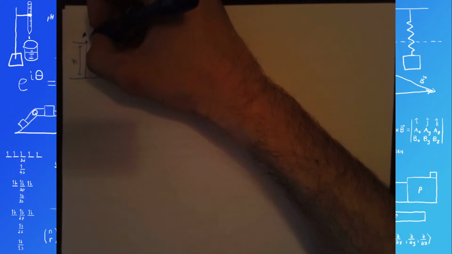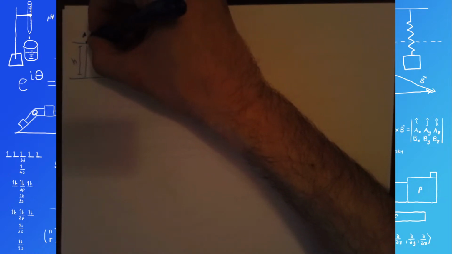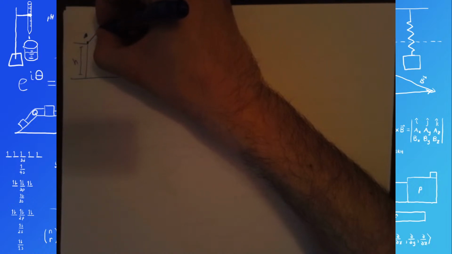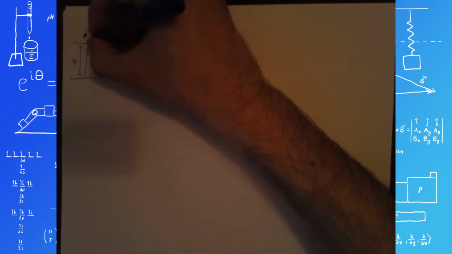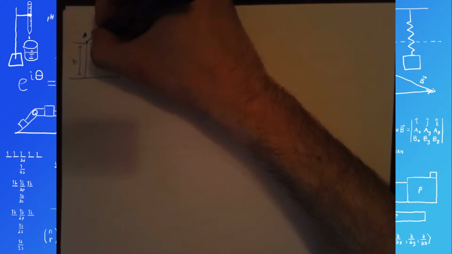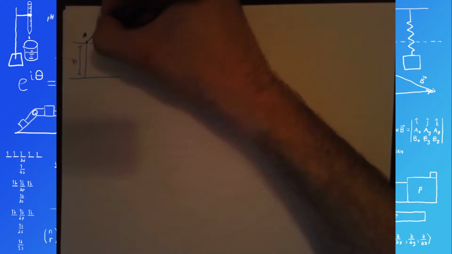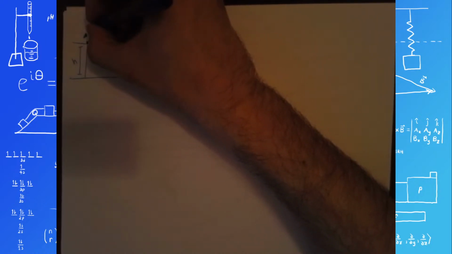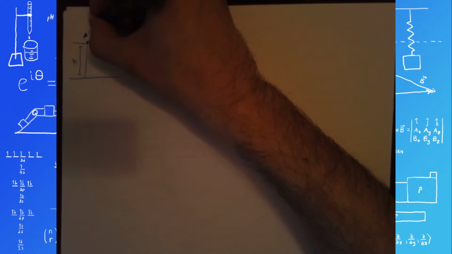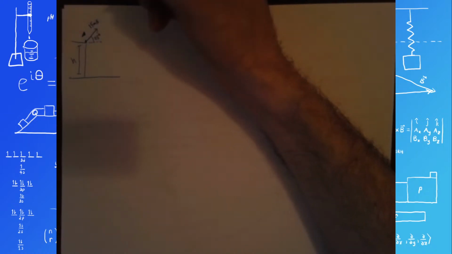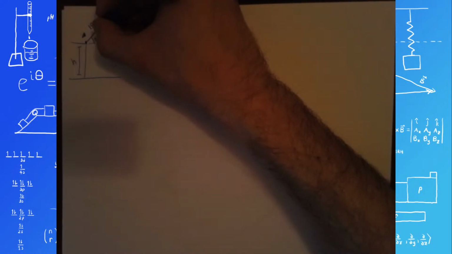A brick thrown at an angle of 25 degrees with a speed of 15 meters per second. Magnitude of the total two-dimensional velocity is 15 meters per second.